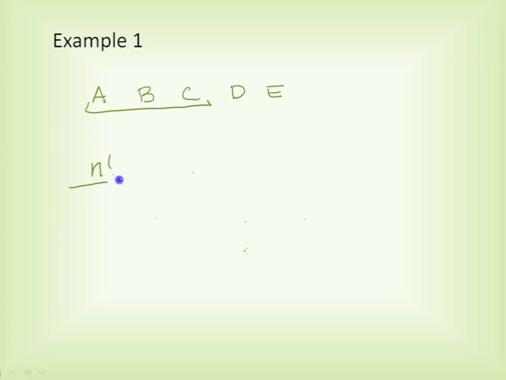We use our combination equation, n factorial over r factorial times n minus r factorial, to get this answer. We plug in our numbers, 5 factorial over 3 factorial times 2 factorial, to get 10, which is the number of combinations of ways that we can make our meal.